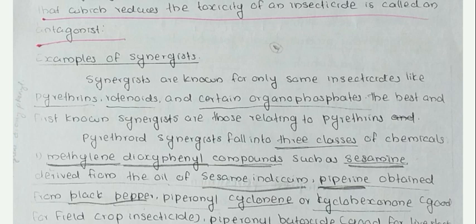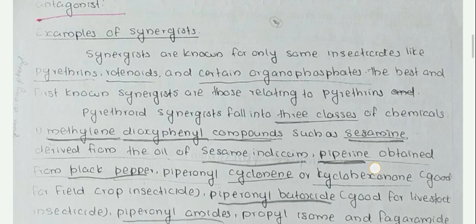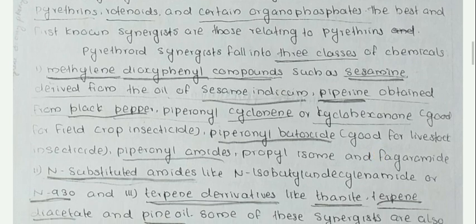Pyrethroid synergists fall into three classes of chemicals: methylenedioxyphenyl compounds such as sesamin, derived from the oil of Sesamum indicum, and piperine, obtained from black pepper, then piperonyl cyclonene or cyclohexone for field crop insecticides, piperonyl butoxide, good for livestock insecticides, piperonyl amides, propyl isome, and fagaramide.